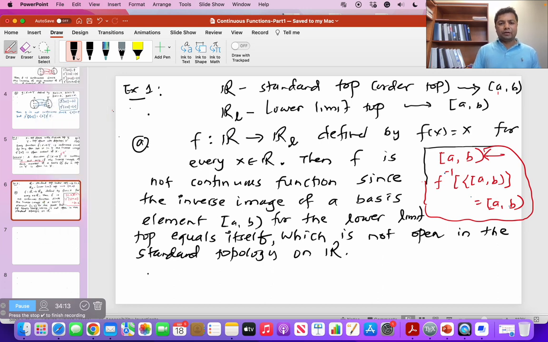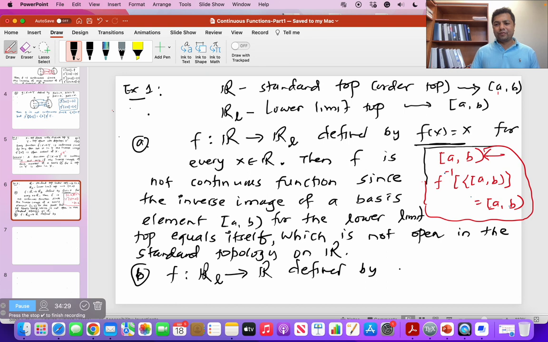So what I mean is, let's take a function from the lower limit topology on R to the standard topology, defined in exactly the same way, by f of x equals x for every x in R. Now let's see whether our function is continuous or not.